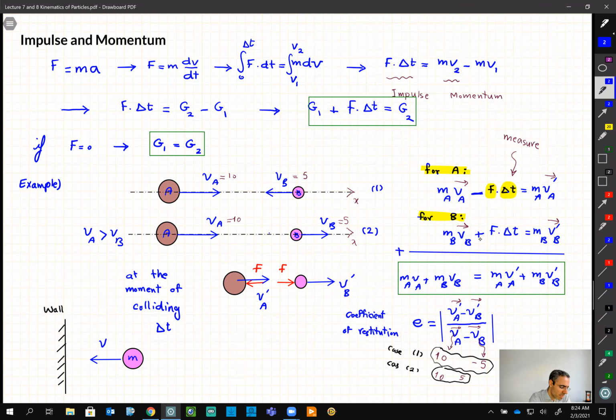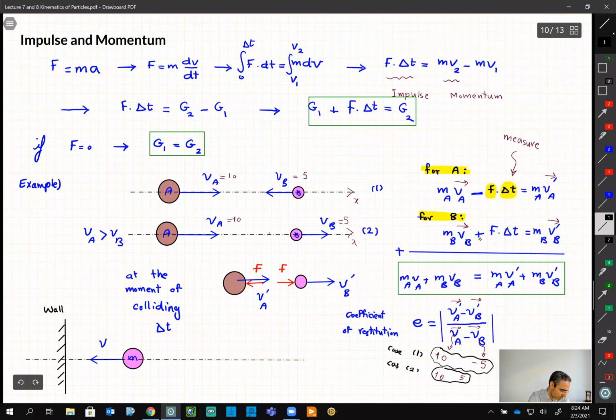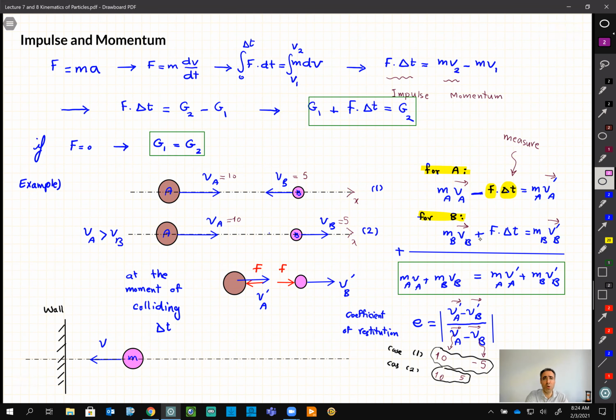Let's say it moves in the same direction, bouncing back. So what I can write now, let's write it down here. Of course, I cannot do anything for the wall because we don't know its mass. Its speed is 0. It's not going to be that useful for us. Let's write down for B. So this is what I have.